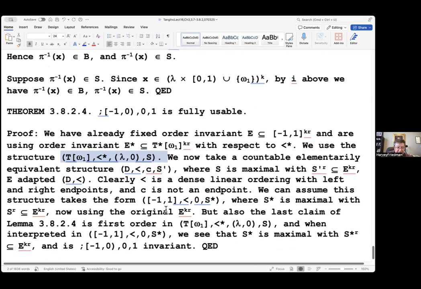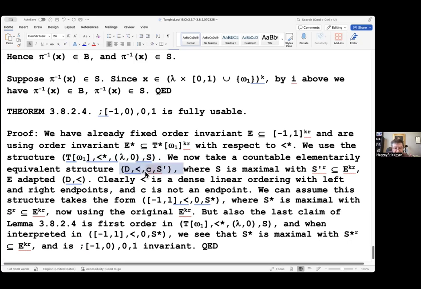And if you do that, you will look for a countable elementary equivalent. You don't need a countable elementary substructure. This time you just need a countable elementary equivalent structure. If you do that, it will look like this. And D will be a dense ordering with left and right endpoints.